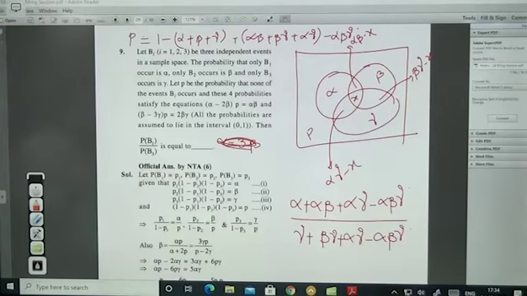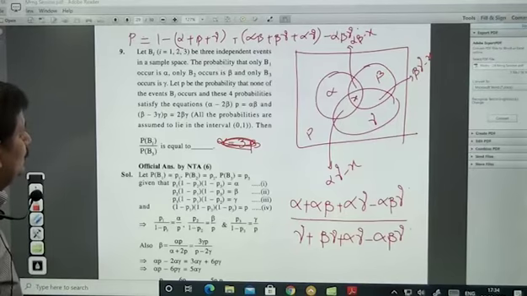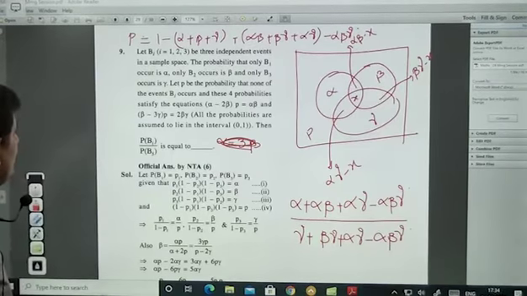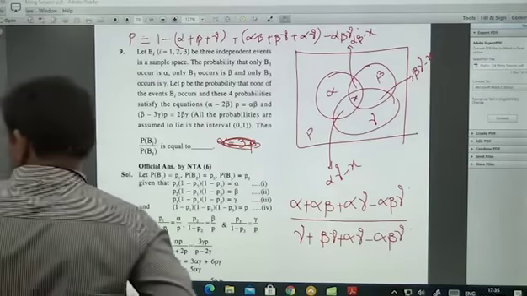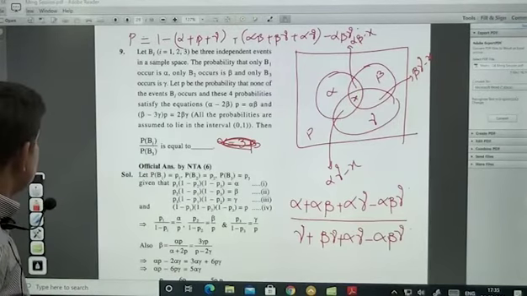Is there a better way of understanding this? Nothing much can be done.